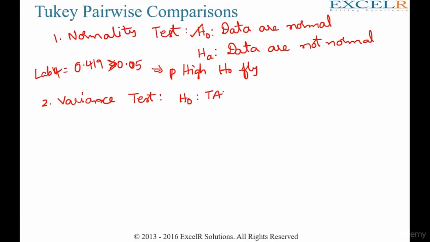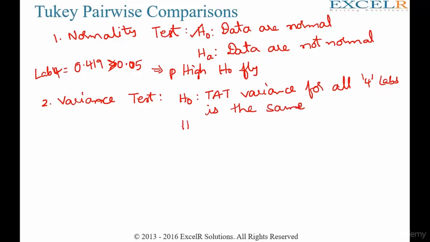Turnaround time variance for all 4 labs is the same. Alternate hypothesis, turnaround time variance for at least one lab is different.